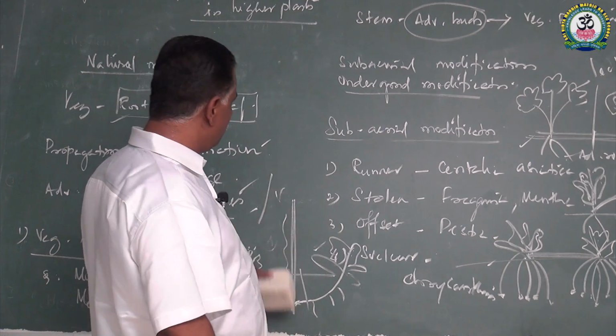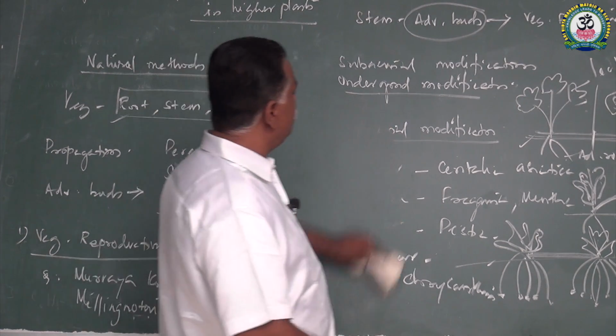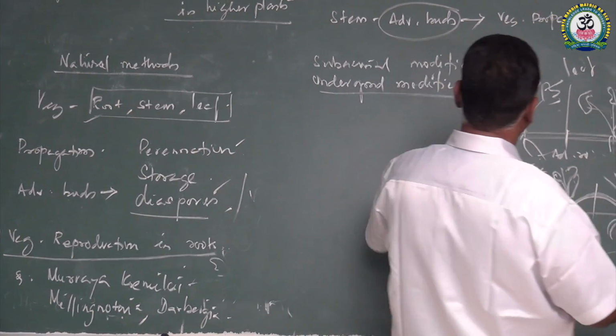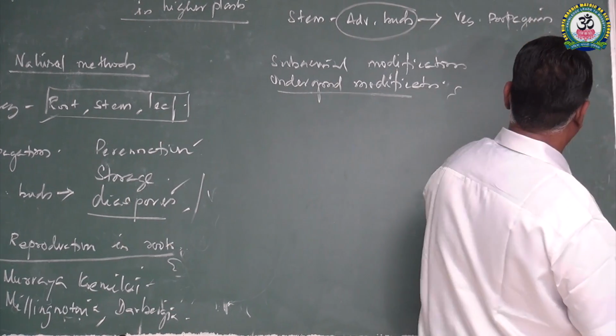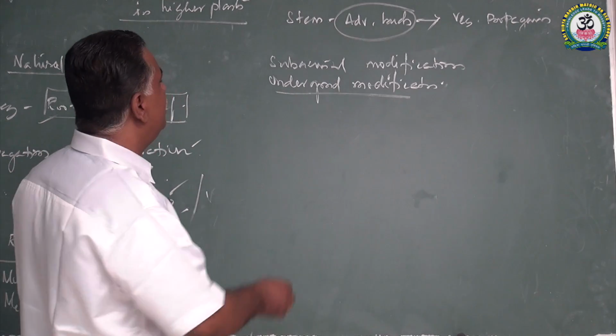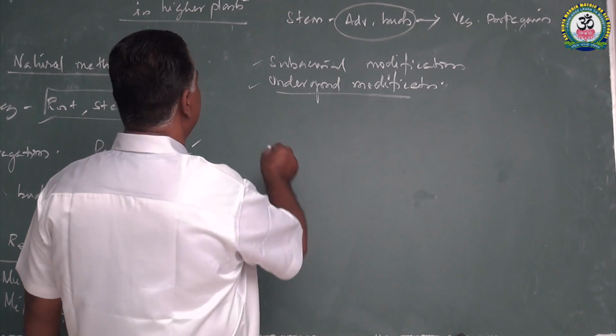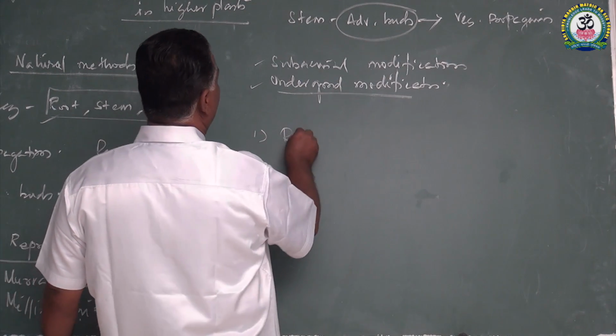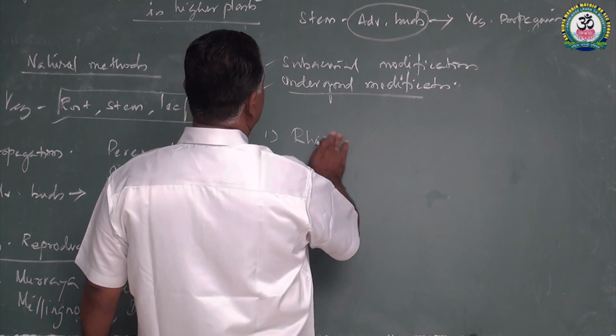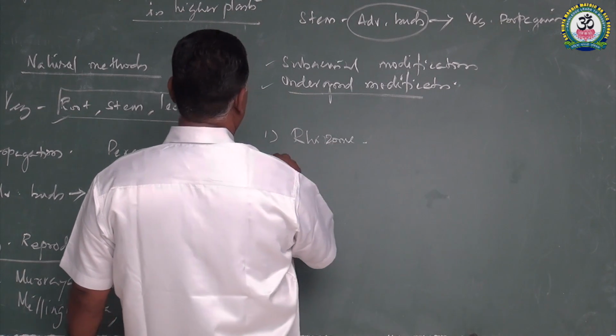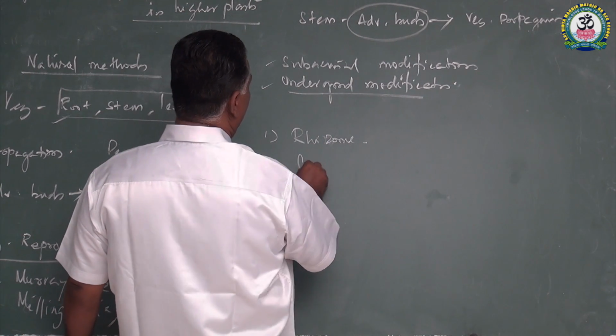And next is underground stem modification. We will talk about underground stem modification. As we saw in subaerial stem modification, in underground stem modification there are four types. One is the rhizome. Second is corm.